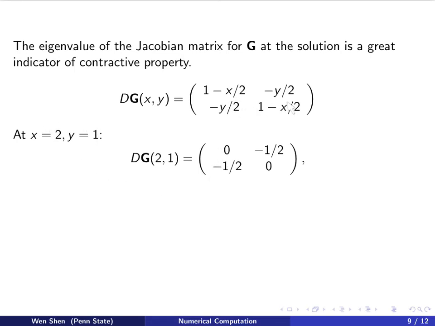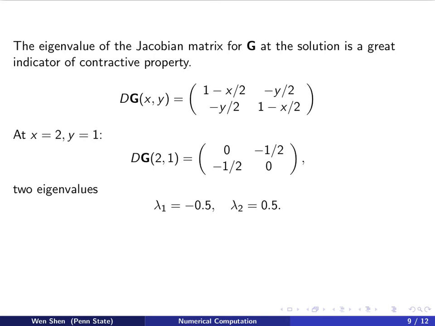Plug in those values, I get this matrix, which is 0, 0 on the diagonal and negative half on the other two. One can compute the eigenvalues, and you will find two of them. Lambda 1 will be negative 0.5, and lambda 2 is 0.5.